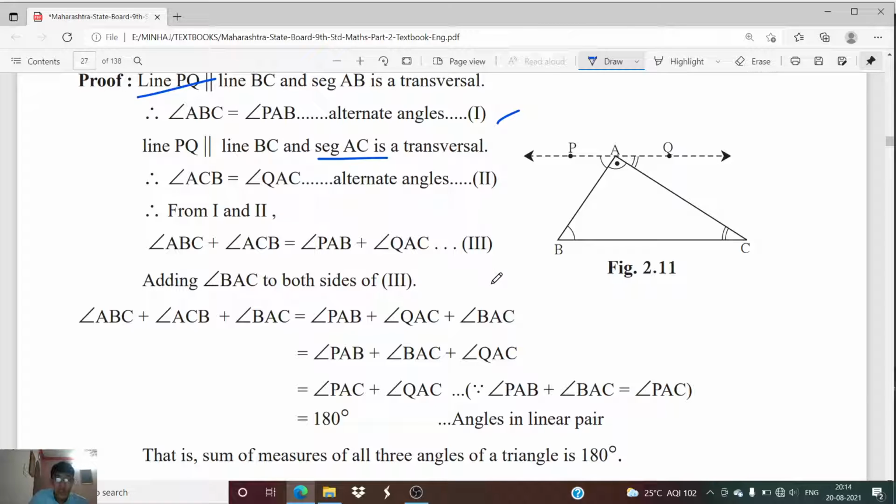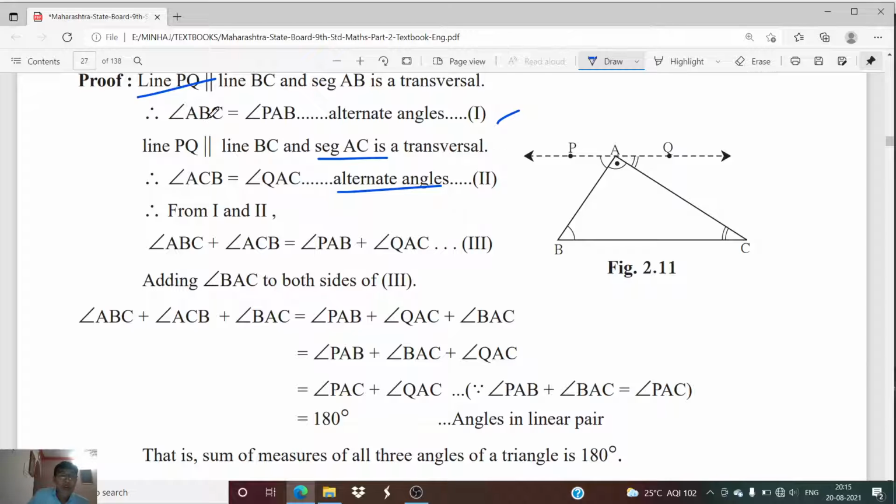Why are they equal? Because again, both the angles are interior alternate angles. So we have written angle ACB is equal to angle QAC. The reason is alternate angles.